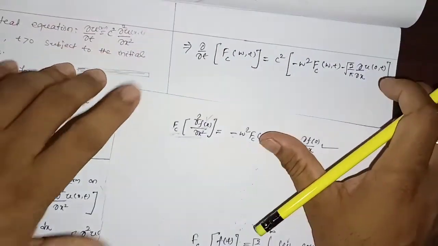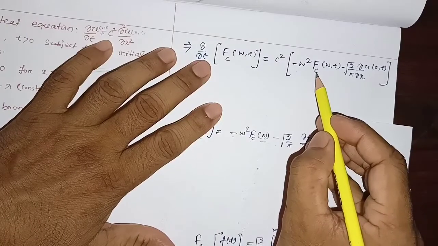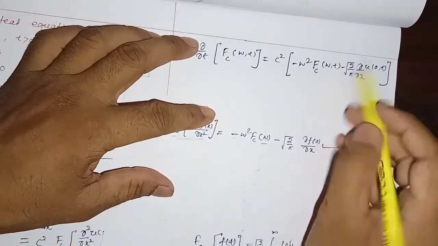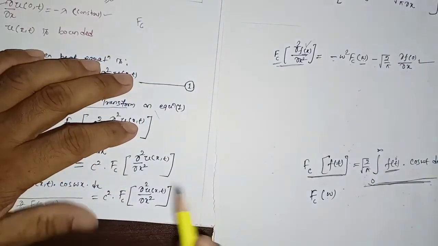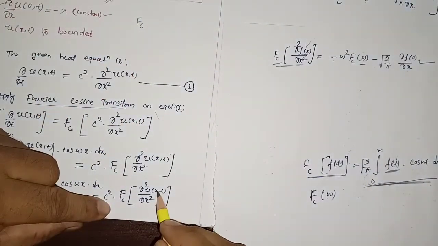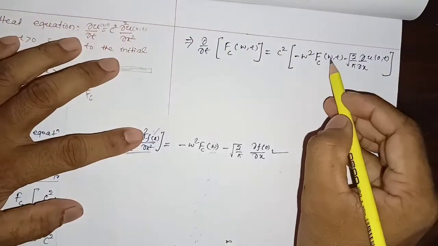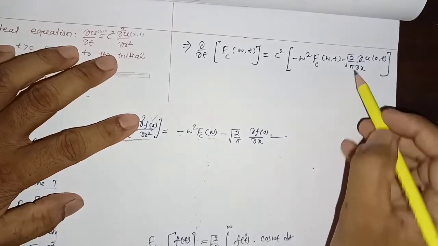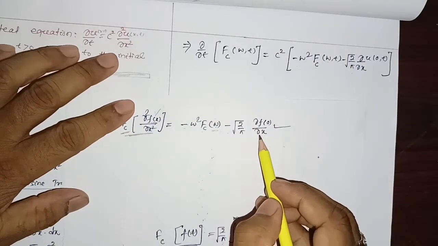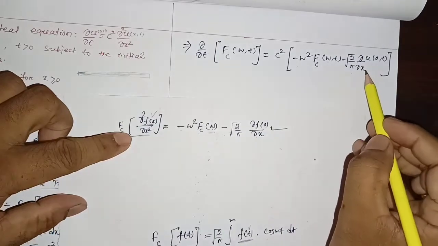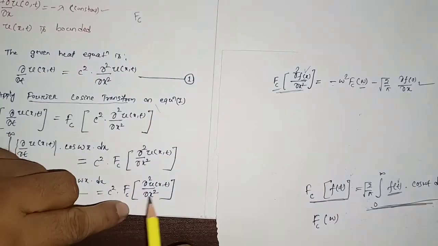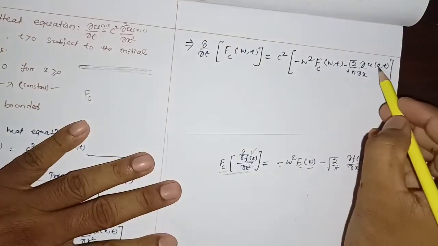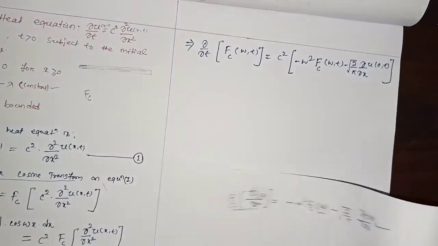Hence we write minus omega square F c of omega, t, because the transform is applied over x, so instead of x we write omega and t is there. Minus root over 2 by pi, here you can see del by del x of f of 0, del by del x of the initial function is u of x, 0. So instead of x we write 0, t.